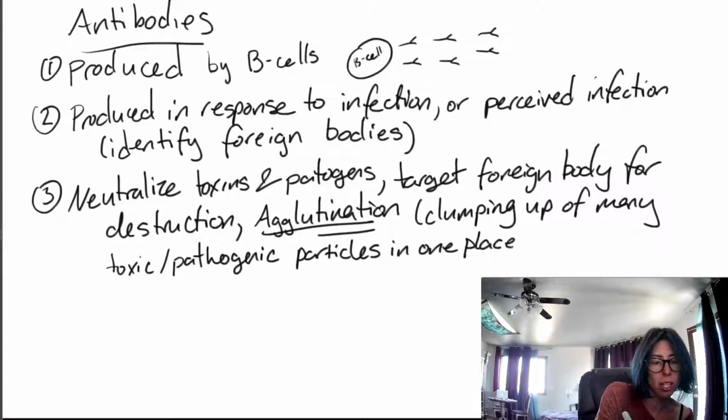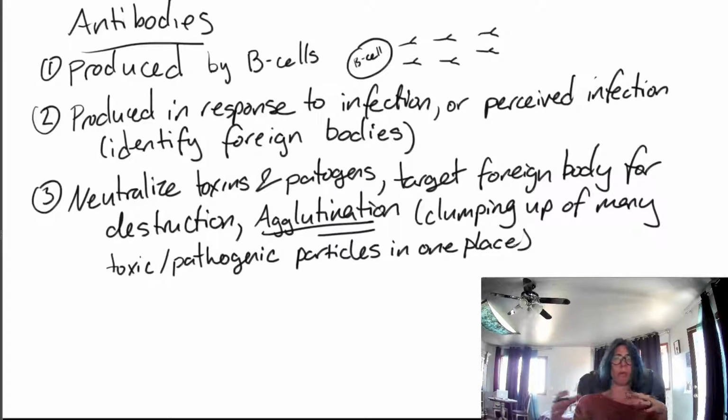The antibodies are involved in wrangling up all of these toxins or pathogens into one place so that it's easier for the immune cells to come along and destroy all of those toxic or pathogenic molecules or particles. So the antibodies will bind to a whole bunch of these foreign particles, bind them all up in one place so that they're more easily cleared from the body, essentially.